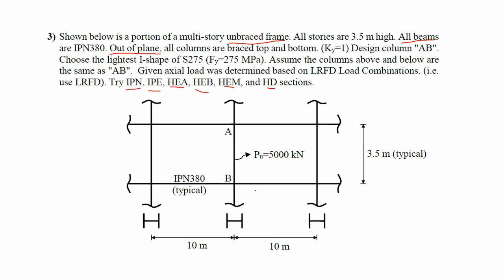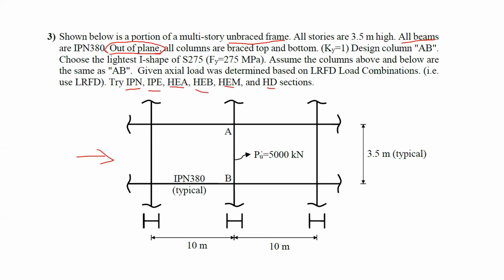let me explain at the beginning, before we proceed with this question, what we see in front of us. Here we have the column AB. And what you see here is actually in plane. So this is your in plane. Now, when it says out of plane, it means if you look from this direction, you would see that all columns are braced top and bottom, and given to you ky is equal to 1.